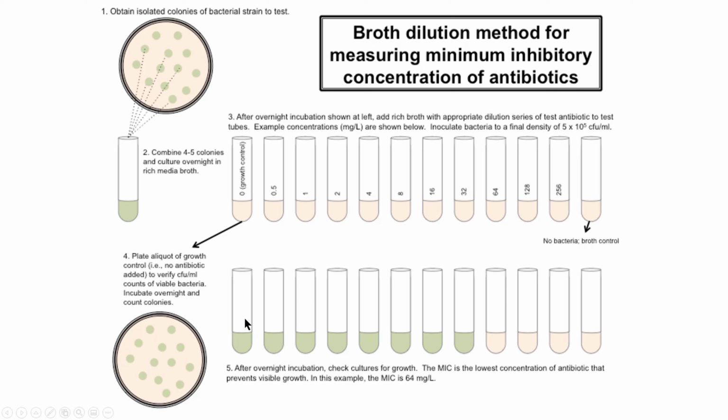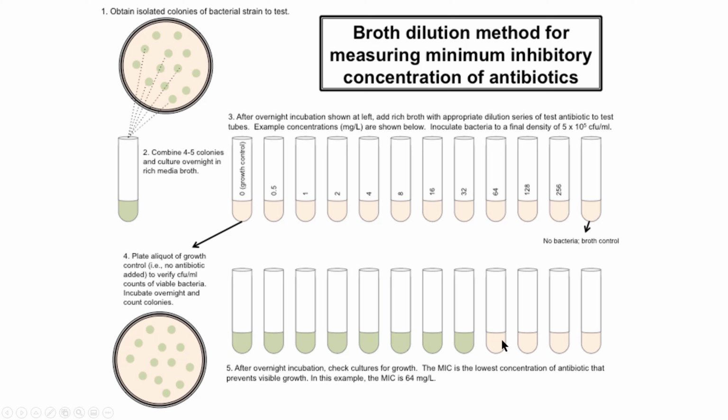And then after the incubation period is over, the growth becomes visible. You can see that it has become cloudy, or the color may have changed. And then you can see at what concentration nothing grew. So for example, in this example, you can see that at the concentration of 64 and above, nothing was growing.